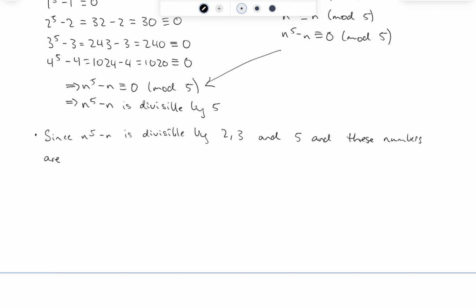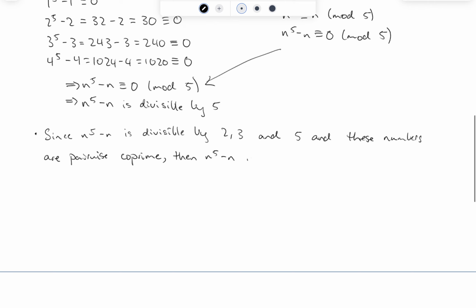So they are pairwise coprime. Then you could say that the expression is divisible by the total product. So then n to the 5 minus n is divisible by their total product, right?